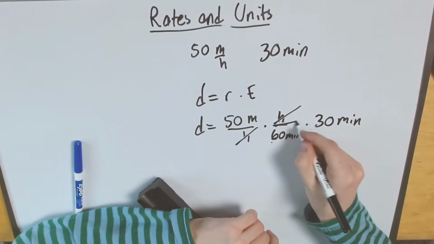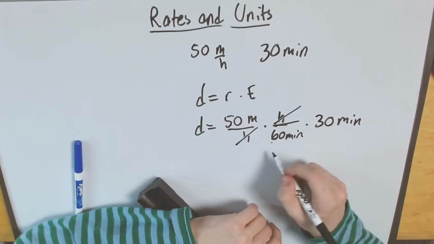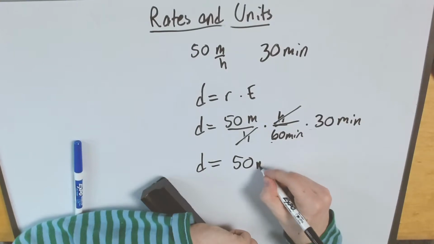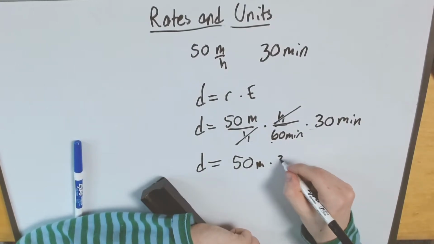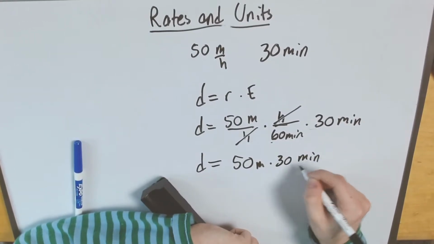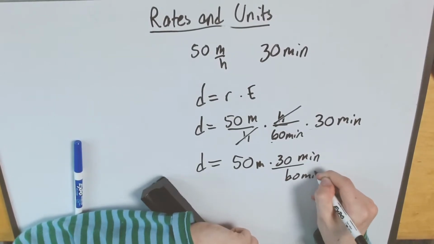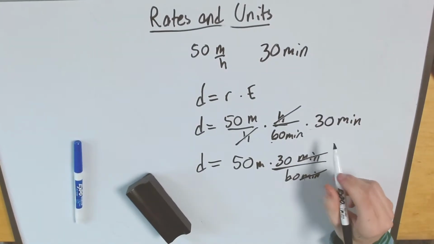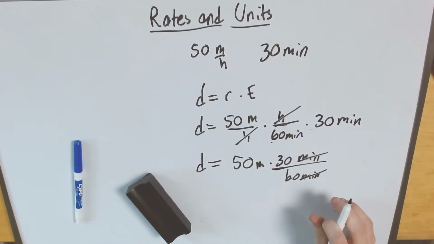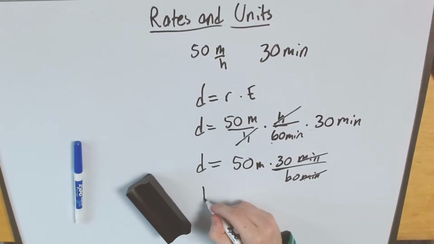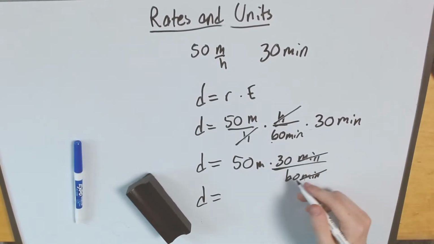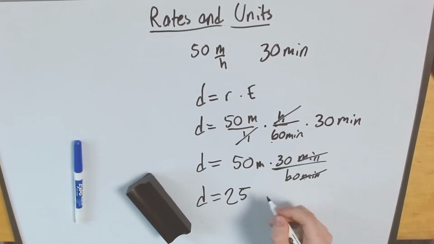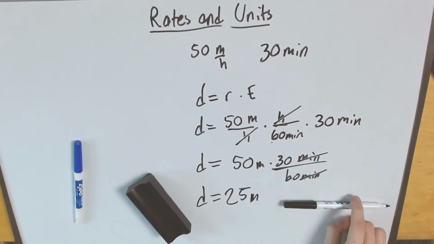And then even better, I'll be able to cancel out those minutes left. We'll see. So I have 50 miles per hour now times 30 minutes over 60 minutes. And sure enough, I can cancel out the minutes now, and I'll be left with an answer that's only in miles. So if I were actually to do the math, that cancels out to 1/2, so I'm left with 25 miles as my final answer.